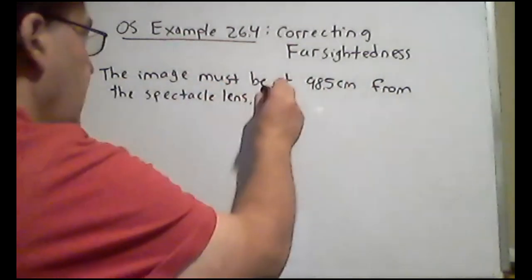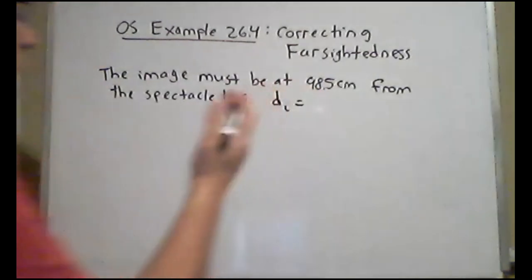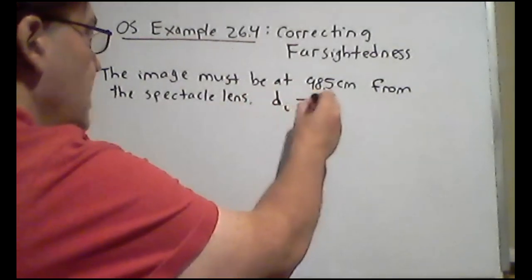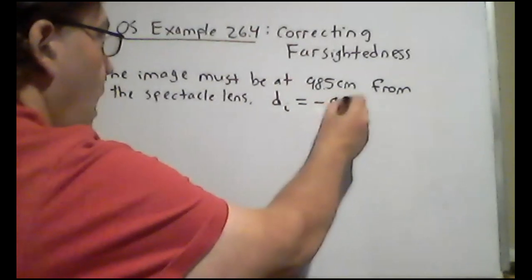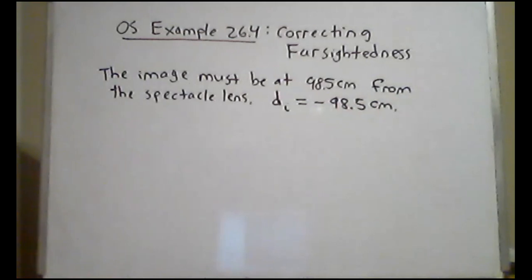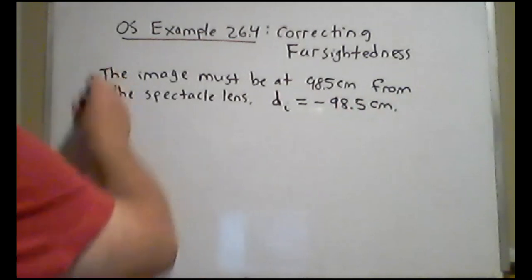That means, as I just said, that d sub I is on the object side of the lens. So d sub I will be negative 98.5 centimeters.